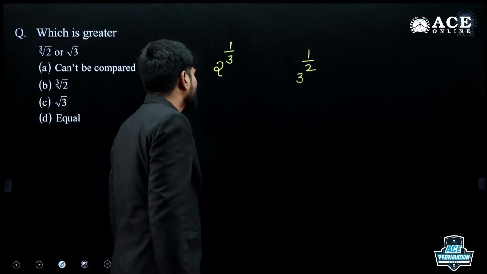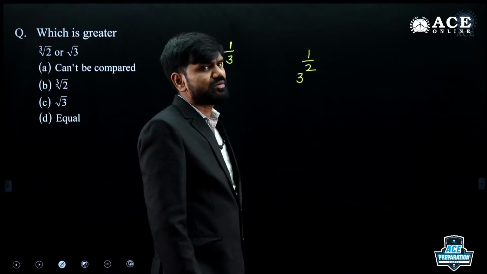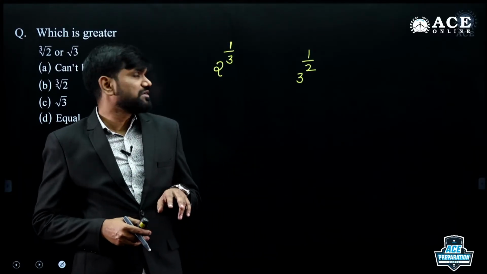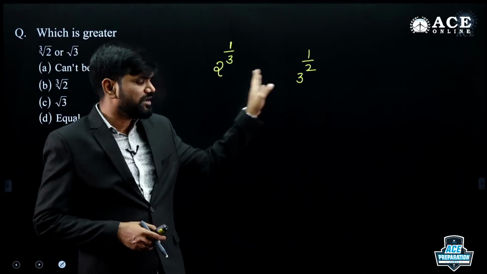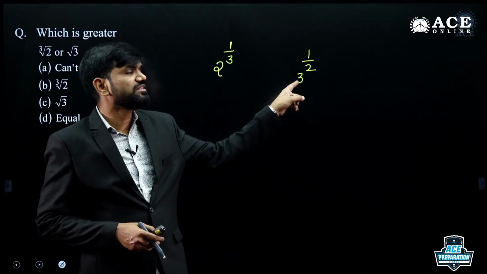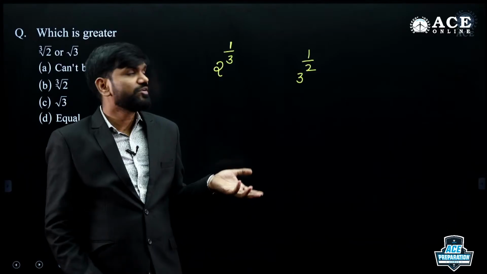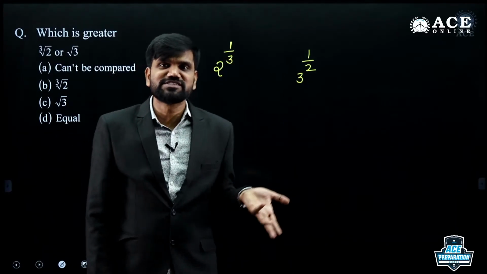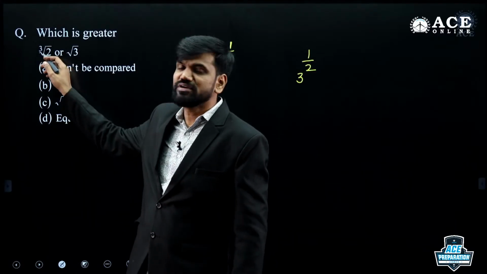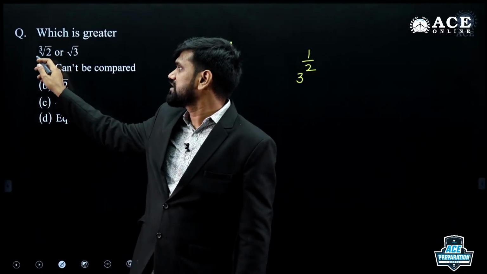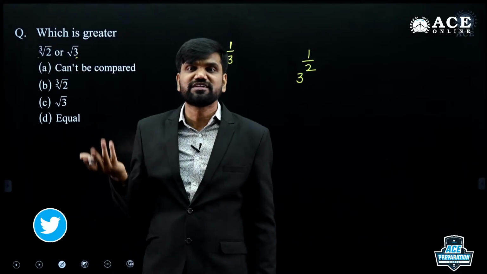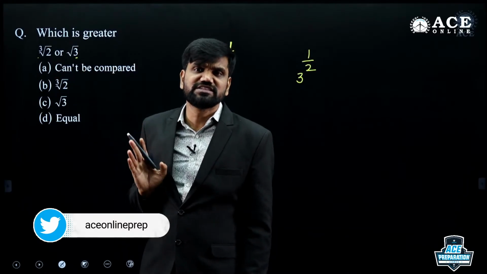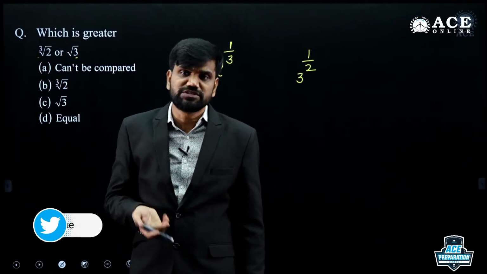Without any doubt we can directly say that the greater here will be square root of 3, because if you take cube roots of two numbers, whichever number is higher, that cube root will be greater. But you are taking the square root of a higher number and the cube root of a smaller number. Obviously, the cube root of the smaller number will be less than the square root of the higher number. So I can directly say root 3 is greater. But I am just trying to show you one procedure.